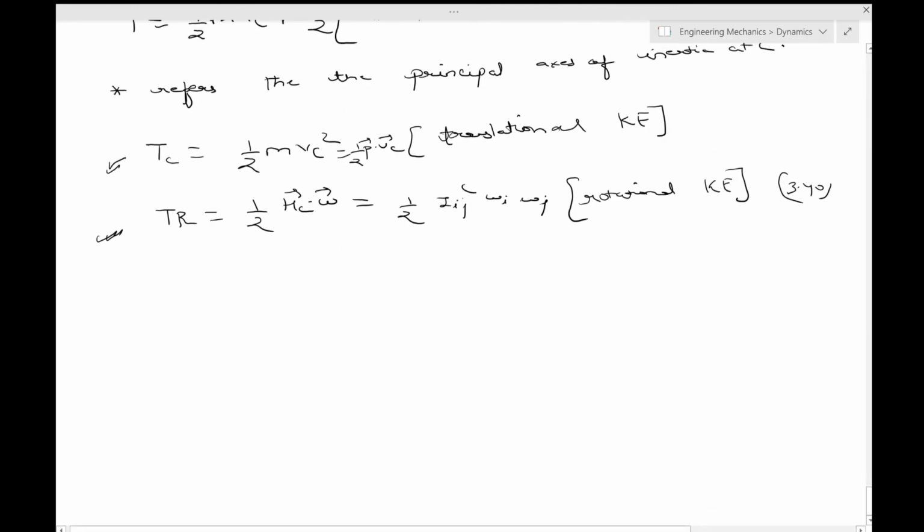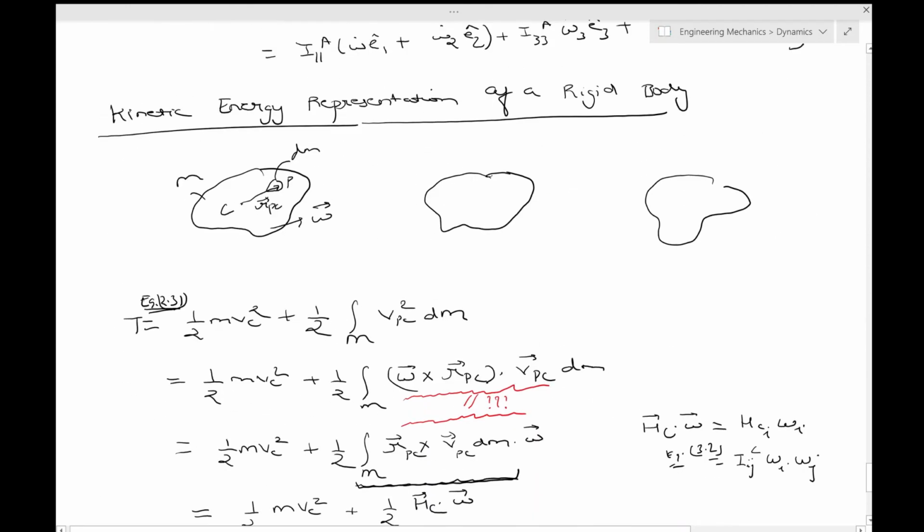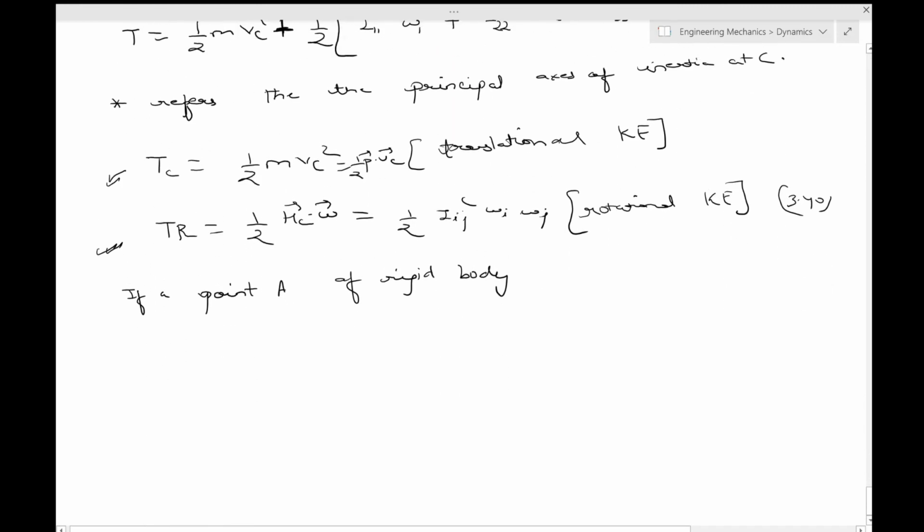Now if a point A of a rigid body, say I should delete this from over here because we are not really discussing it. If a point A of a rigid body has v_A equal to 0, then v_P is equal to v_PA is equal to omega cross r_PA.